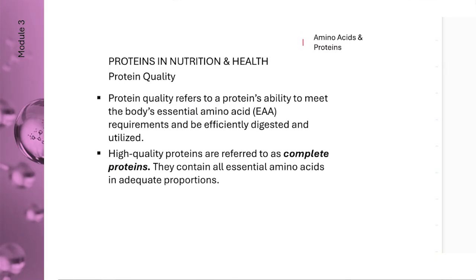So in this slide, we shall be looking at the quality of proteins, and this is one of the health implications of proteins, and we'll be considering the proteins in our diet. And these days we have lots of foods, lots of eateries.